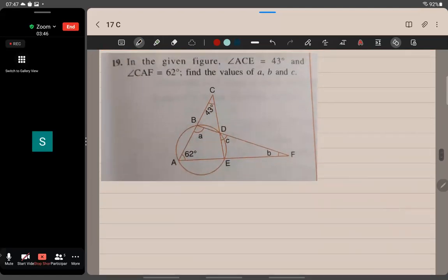19th one. In the given figure, ACE is equal to 43 degree. This is already given, 43 degree, and CAF is 62 degree.